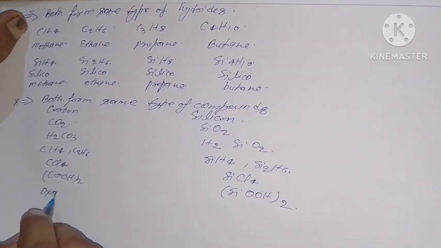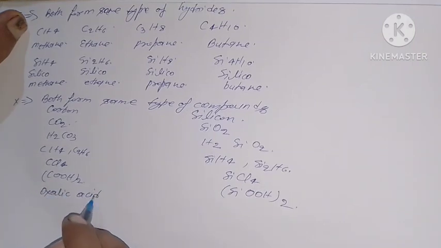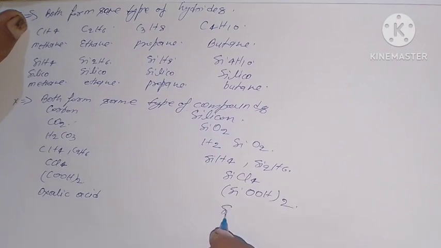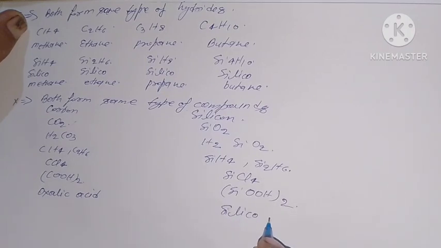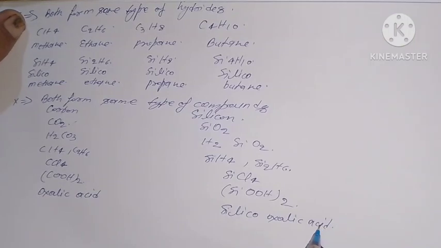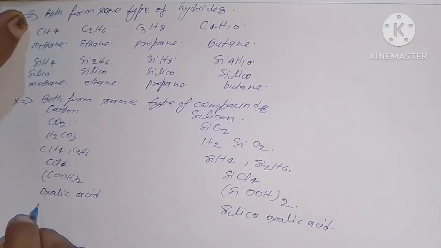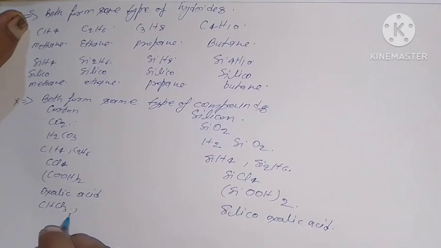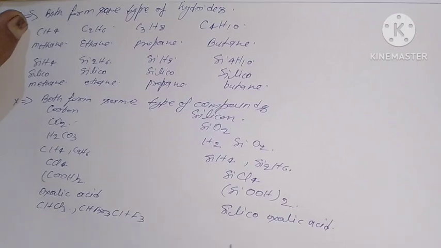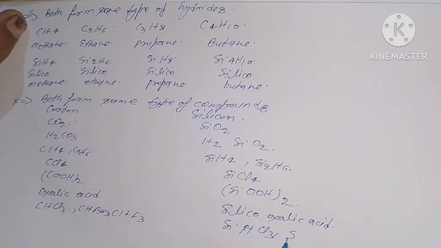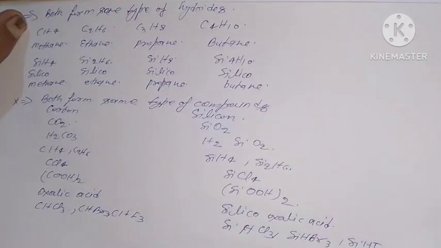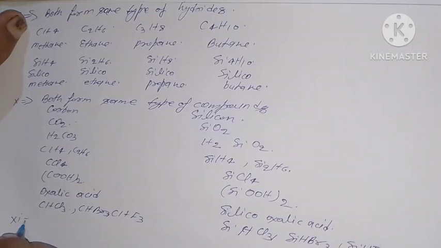Oxalic acid, silico-oxalic acid. CHCl3, CHBr3, CHI3, SiHCl3, SiHBr3, SiHI3.